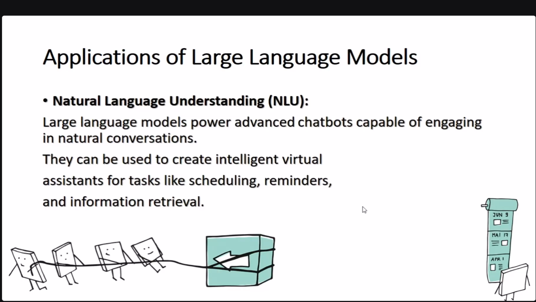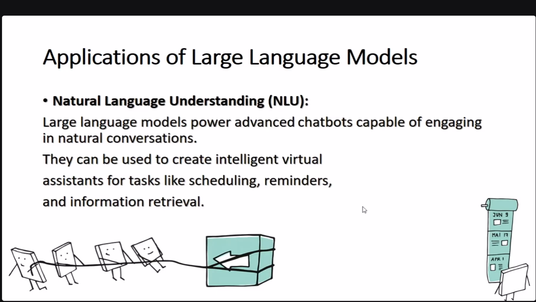Since they are able to understand natural language, they are used as advanced chatbots, which are capable of engaging in natural conversations. A best example is banking applications, which you might have seen. Another application is that we can create our own personal assistants.